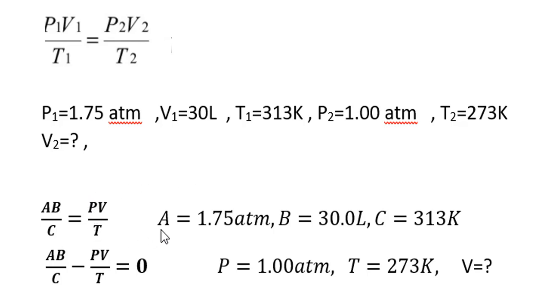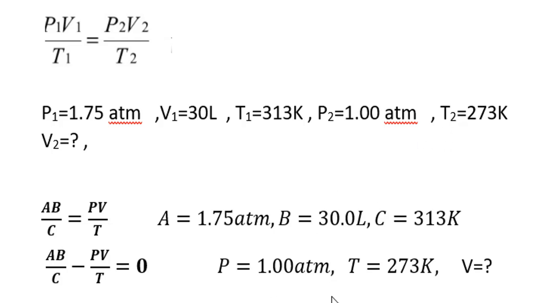So I will get A, that's P1, will be 1.75. B, that's V1, 30. Say at T1 equals 313. And P at P2 is 1.